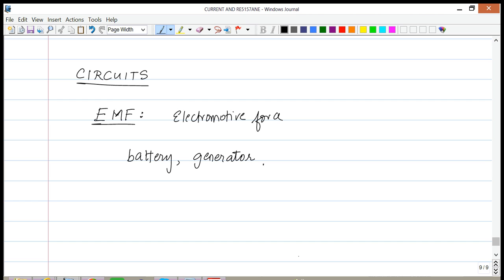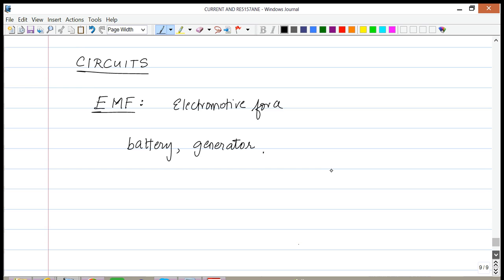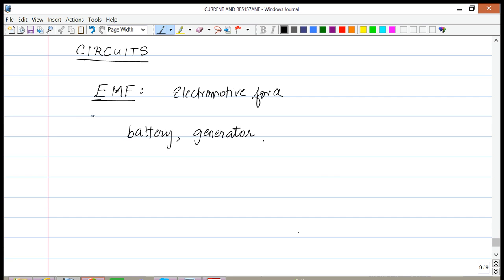Now, you can think of a battery or a generator as something like a charge pump. What it does is it essentially makes sure that charges can move around the circuit. The electromotive force is responsible for supplying potential energy to the charges, basically increasing the potential energy of the charges as they move around in the circuit.